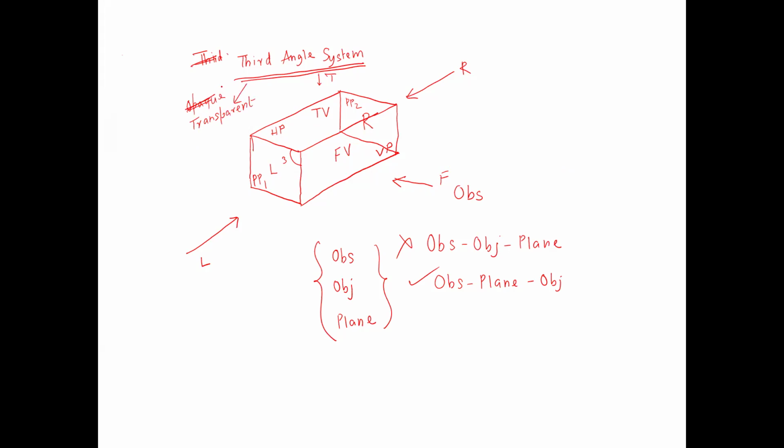This is an assumption that we make about the planes of projection in the third angle system. In the first angle system, we consider the planes of projection as opaque. In the third angle system, we assume that the planes of projection are transparent, so that although the plane of projection is appearing between the observer and the object, the observer can still see through the plane and is able to view the object.